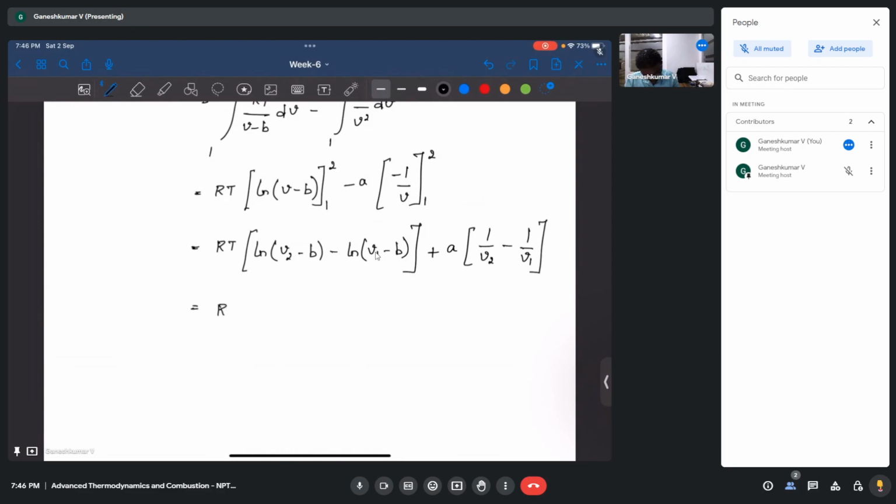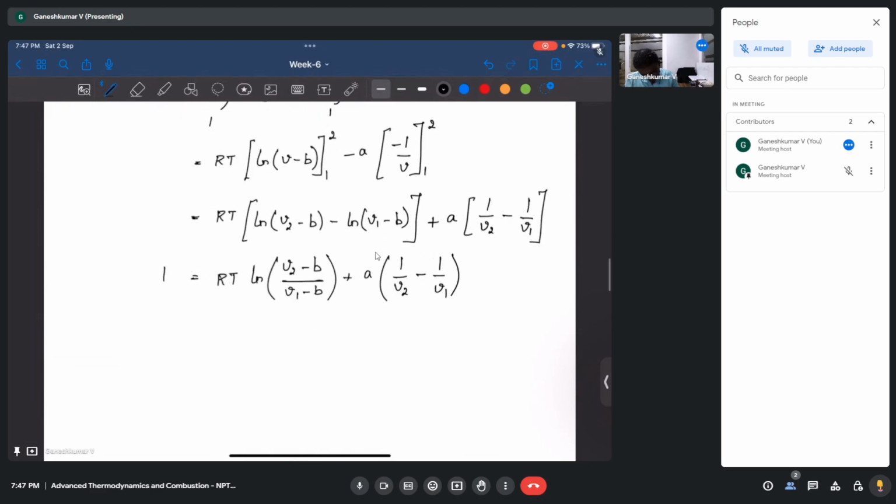This can also be written as RT ln of V2 minus B by V1 minus B, plus A times 1 divided by V2 minus 1 divided by V1. This is the total work done.